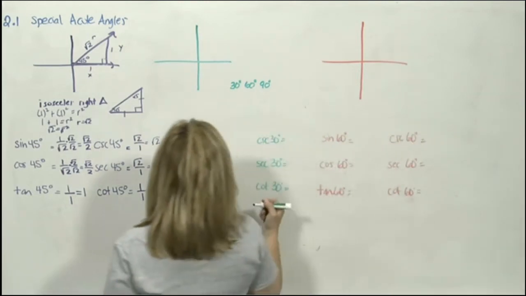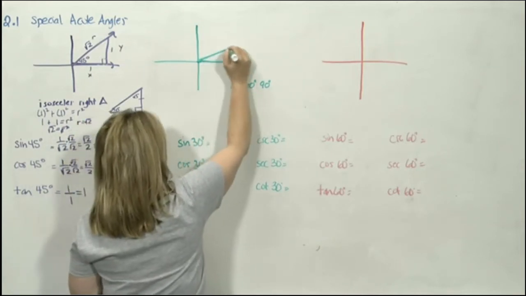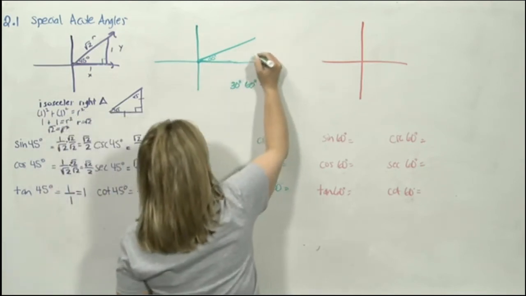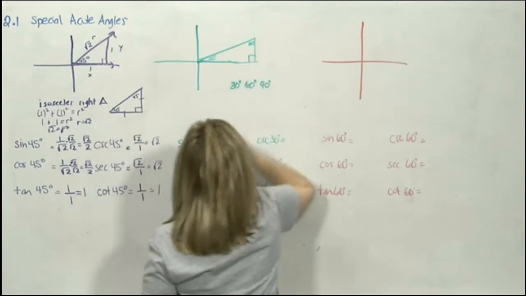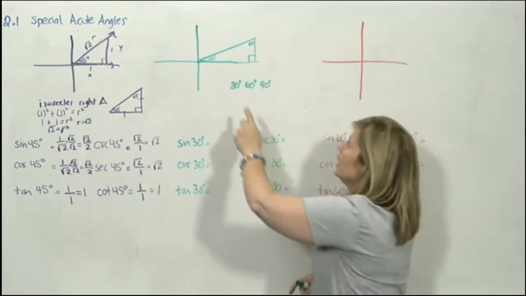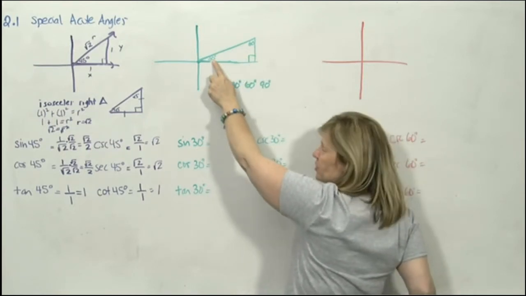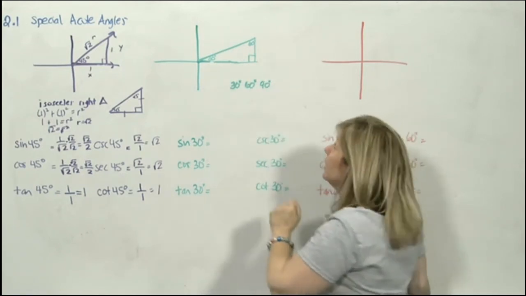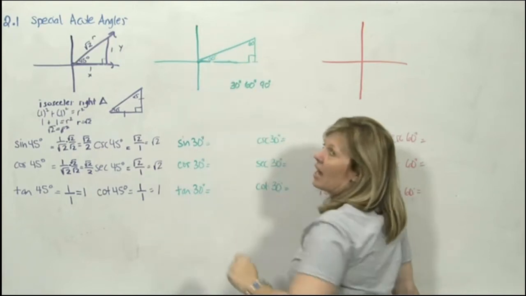When I draw a 30, 60, 90 right triangle in quadrant 1, if I make the angle here 30, that makes this angle up here 60, and that makes the right angle 90. There is a relationship. If this is the smallest angle, then across from it would be the smallest side. If this is the largest angle, then across from it would be the largest side.